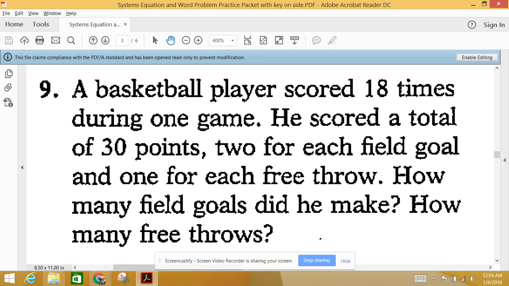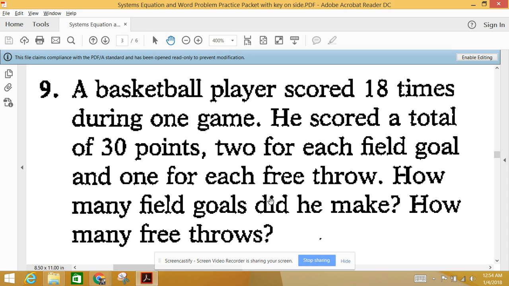We have a basketball player who has scored 18 times. So there's 18 times. That's our total number of scoring events. Some of those scoring events were 2 points and some of them were 1 point. And the total number of points in all the scoring events came out to 30.